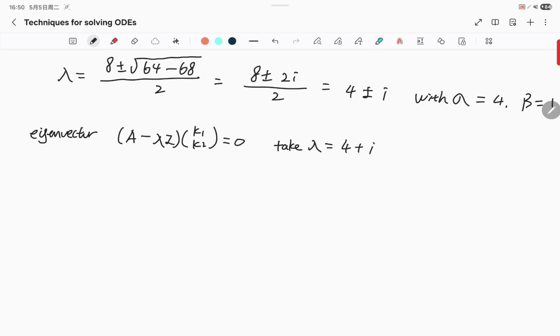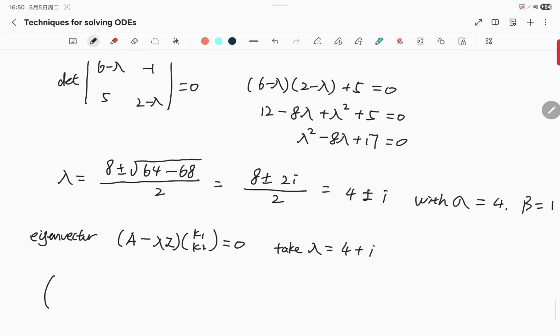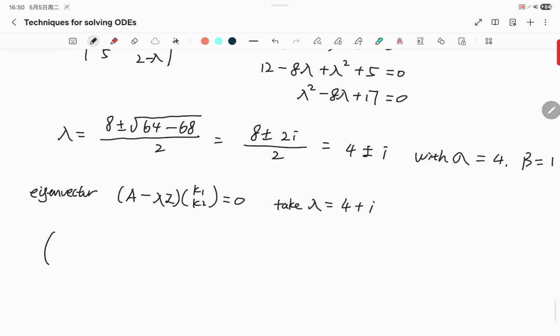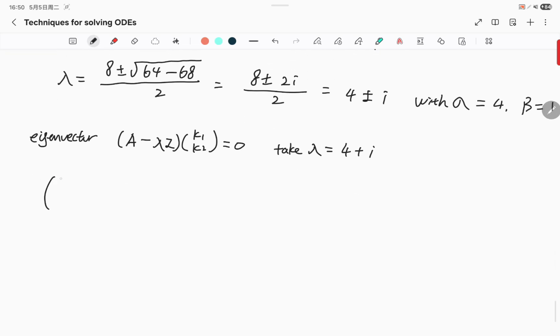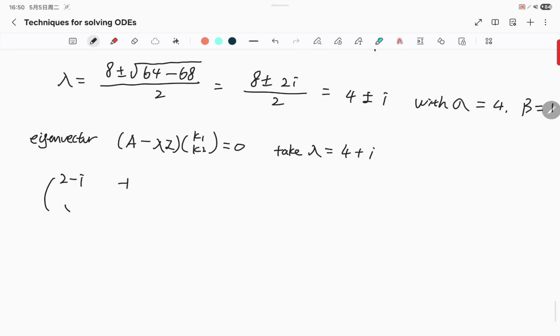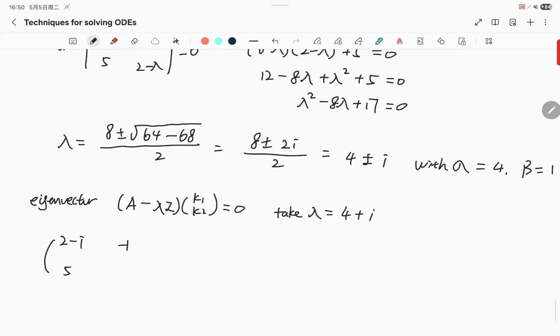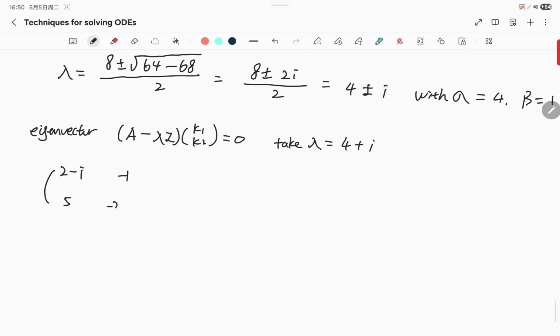So we have the matrix with 6 minus lambda, so 6 minus (4 plus i), which is 2 minus i, then minus 1, 5, and then 2 minus the same, which gives me minus 2 minus i.